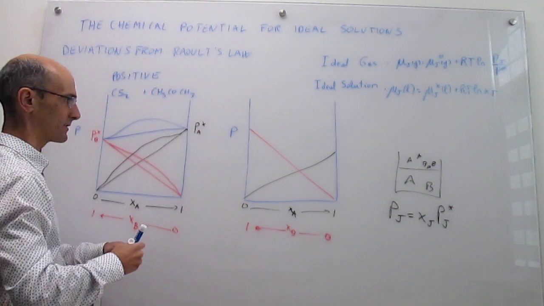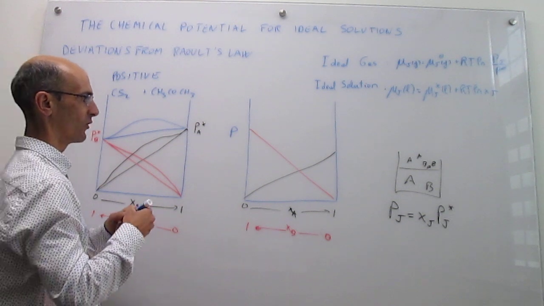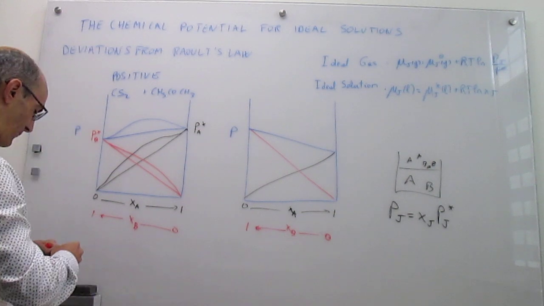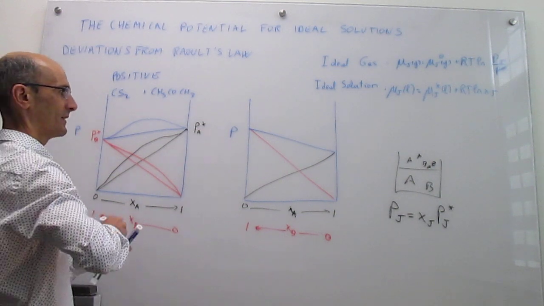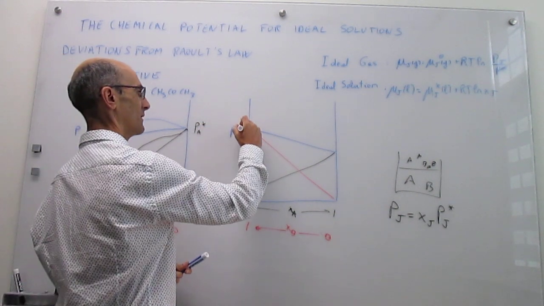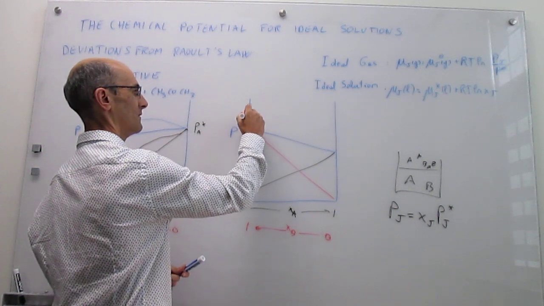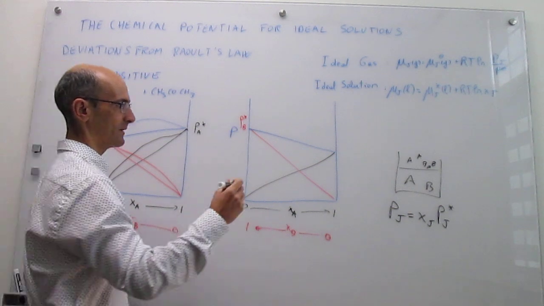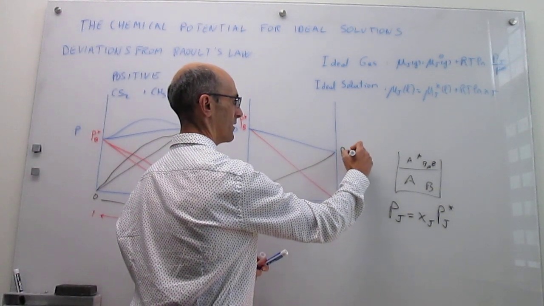So that will be Raoult's law, and then the overall pressure on top of the mixture will be right here. Let me write here what the vapor pressures are when pure. That will be P of B star, the vapor pressure of liquid B when pure, and this is going to be the vapor pressure of A when pure.